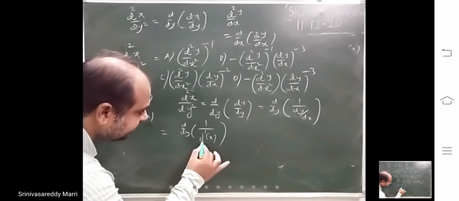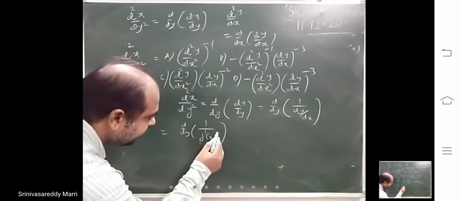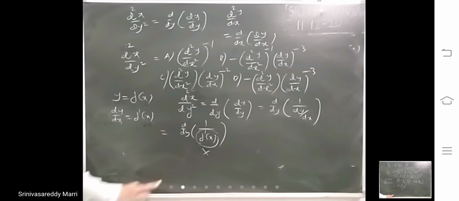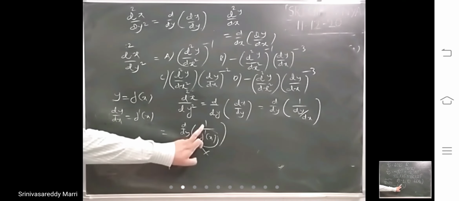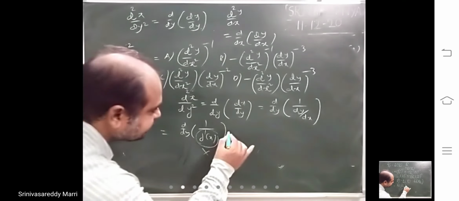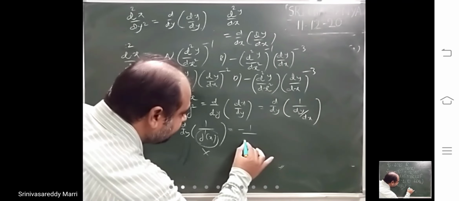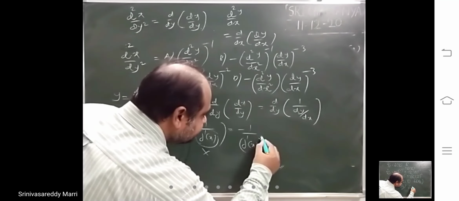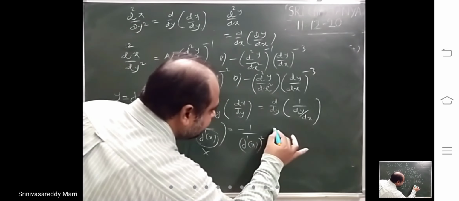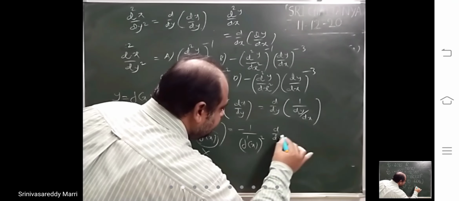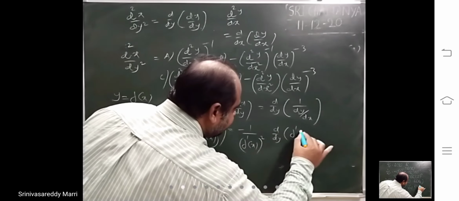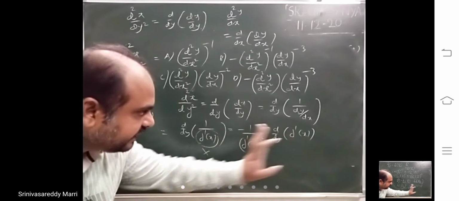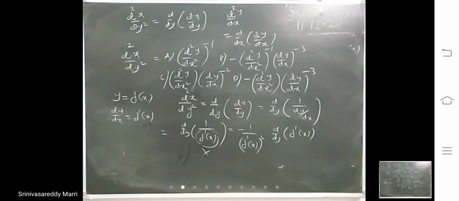Now I am differentiating. You take f dash x as capital X. That means 1 by X, and its derivative is minus 1 by X square. So minus 1 by X square into d by dy of f dash x, into d by dx of capital X, that is f dash x.